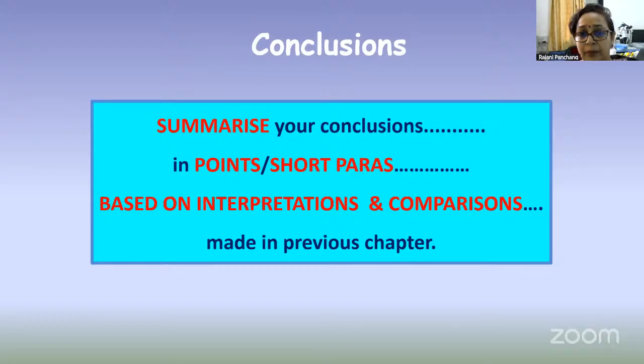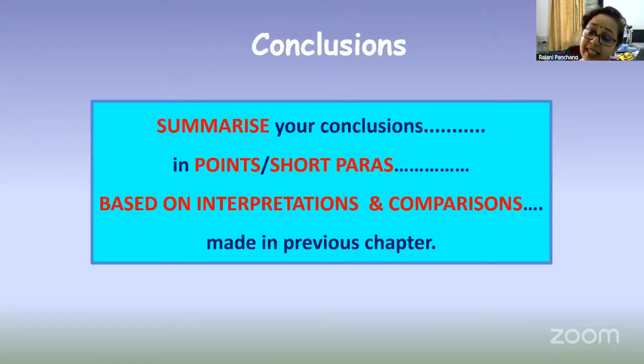In the last chapter of conclusions, you can also write limitations. What has been the limitation of your work? That I did not have enough data. I did not get monsoon data. I did not have access to isotopic data.